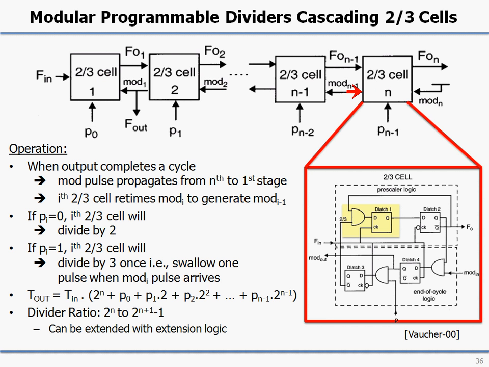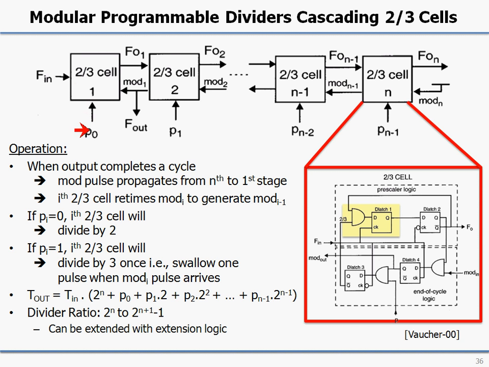However, if you analyze the operation of this control path, what will happen is that for every output signal, a modulus control signal will ripple through the divider. Whenever it arrives, for example, at this 2,3 cell, for one of the cycles of the 2,3 cell, depending on the value of P0, the cell will divide by 2 or by 3.